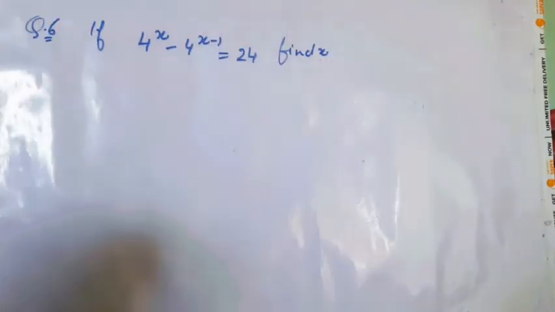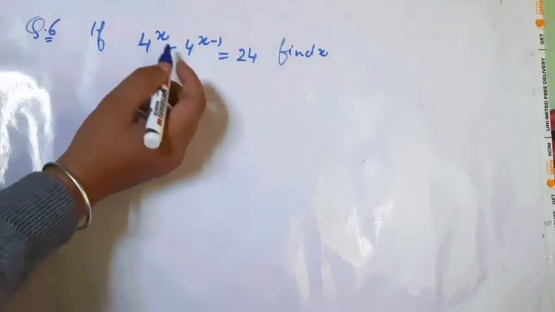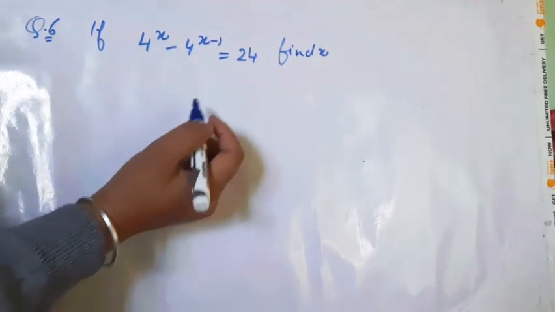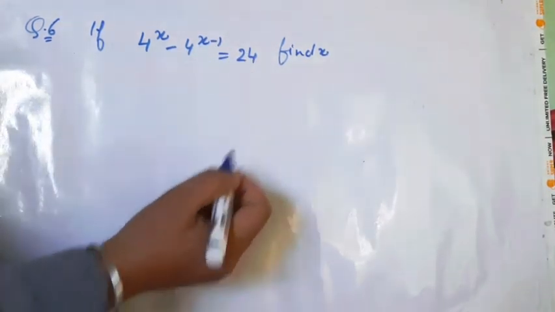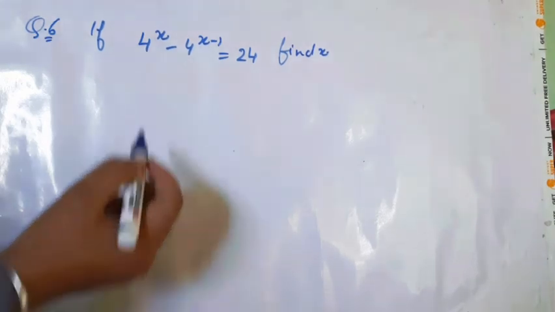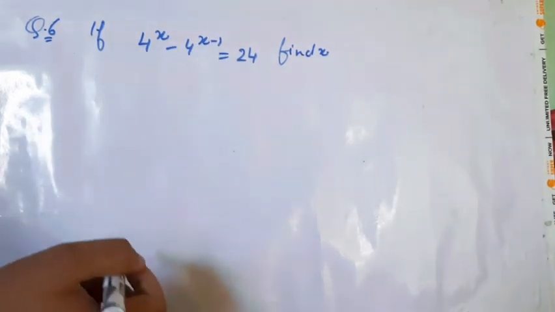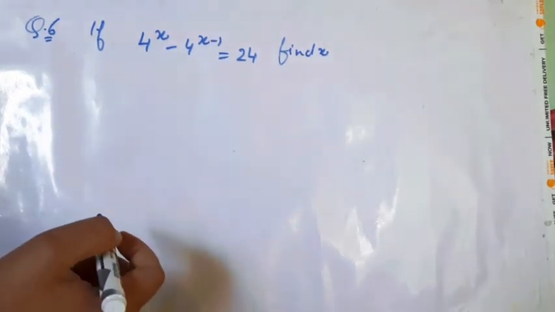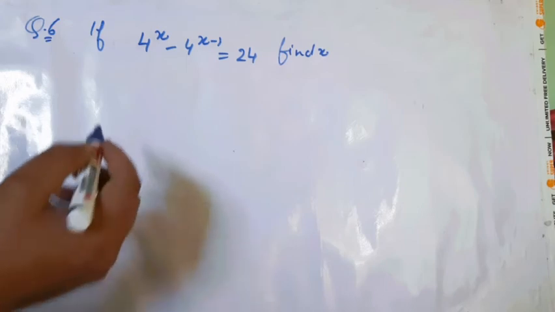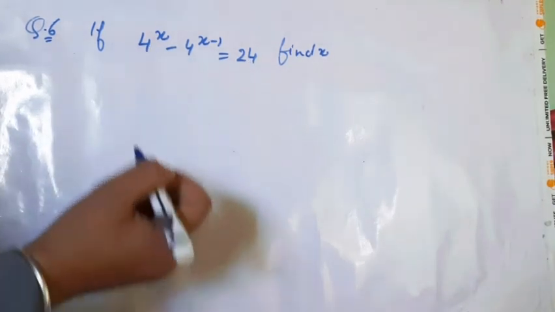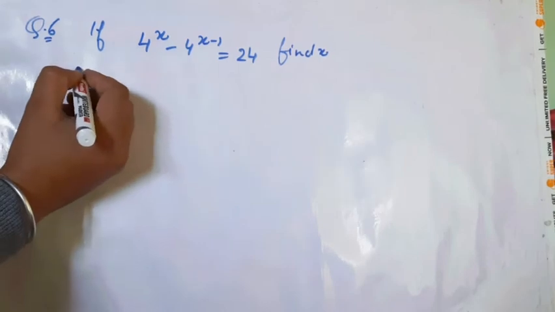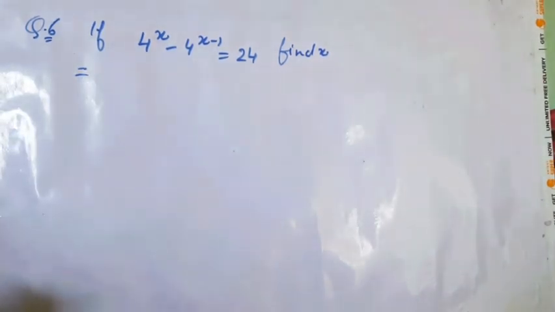Last question we have, if 4 raised to power x minus 4 raised to power x minus 1 equals to 24, find x. Now remember, again x is in the power. So what we need to do, we have to make the bases same and then we have to equate the powers. So to make the bases same, first of all let us see what we can do.